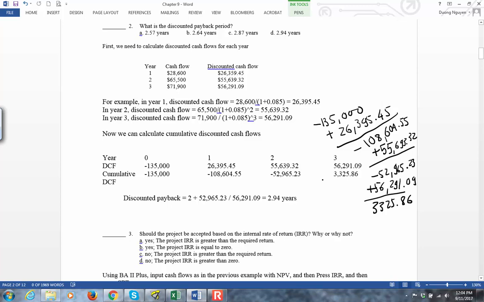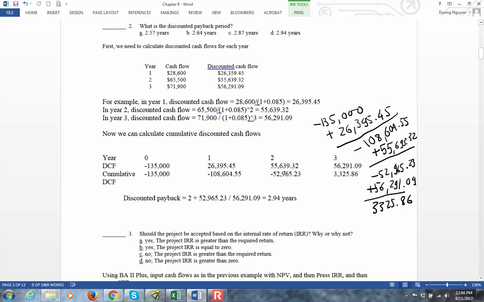So the time that the project requires for you to recover the entire amount of money, which is 135,000, is somewhere between year 2 and year 3. Okay, so the discounted payback has to be at least 2 years plus a portion of year 3 that you need to recover.